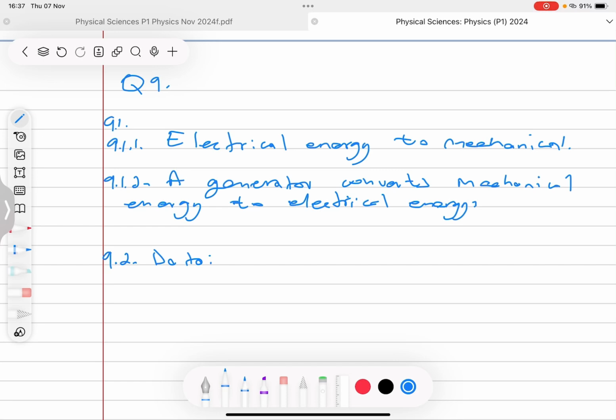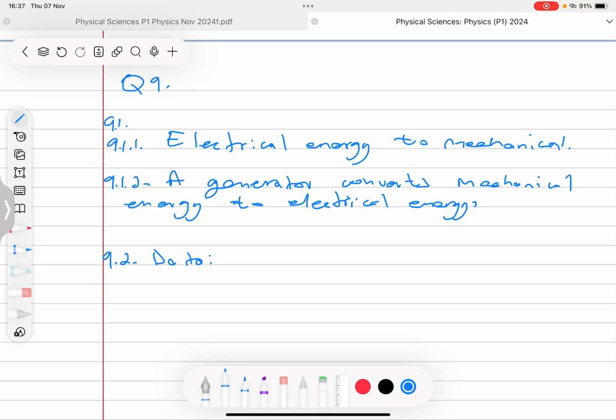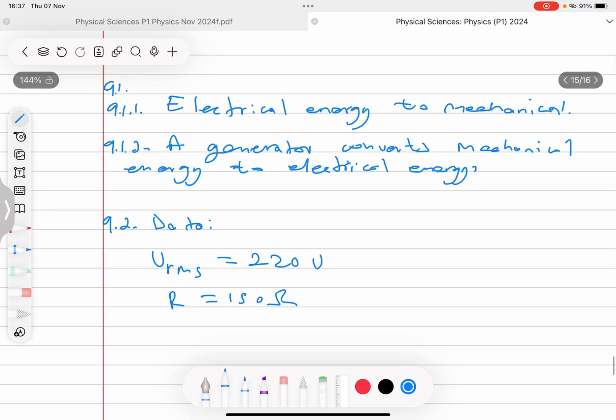This electrical appliance runs on a 220 volt alternating current. This means that our voltage here is the RMS voltage, so this is 220 volts. And the resistance here is 150 ohm, the resistance that we have in our appliance.